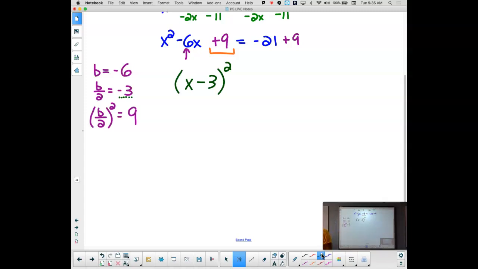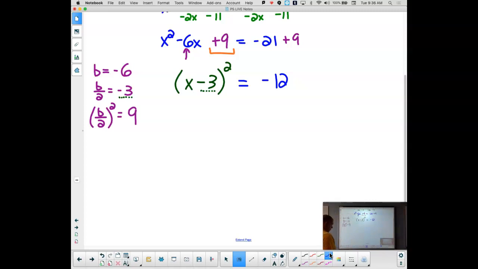That's one of the cool things about doing it in this way, is that this number right here shows up as our b over 2. And we say that that is equal to, well, negative 21 plus 9 is negative 12. Okay. What you've done now is you have completed the square on that quadratic.